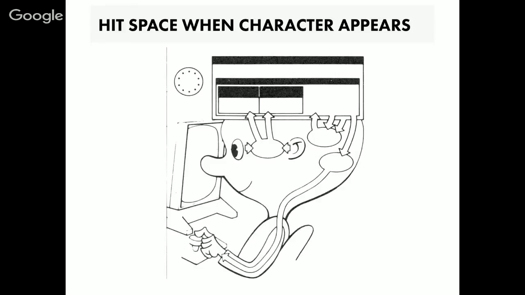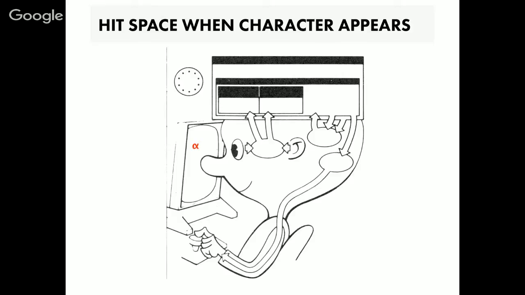So I'll just walk through a very basic example of this. The task is the awesome hit spacebar when character appears. Okay, boring, but it illustrates how even if you design something where something's going to come on the screen and they're going to respond, you might ask the question, how long should I expect until they can actually respond to that?